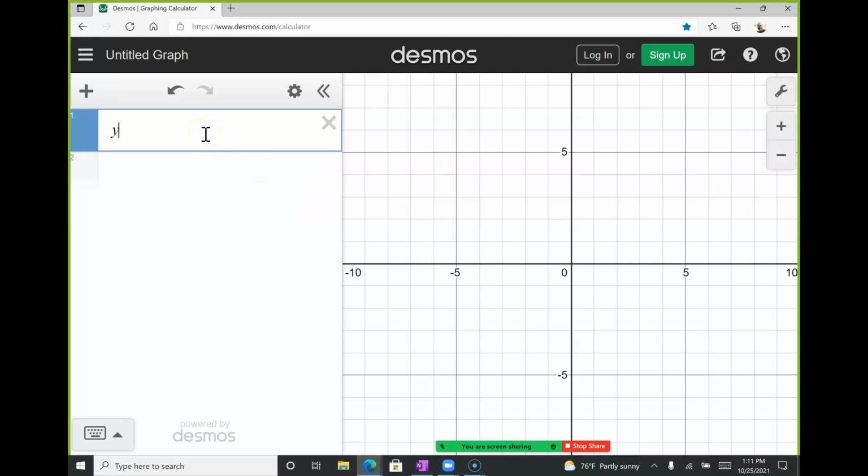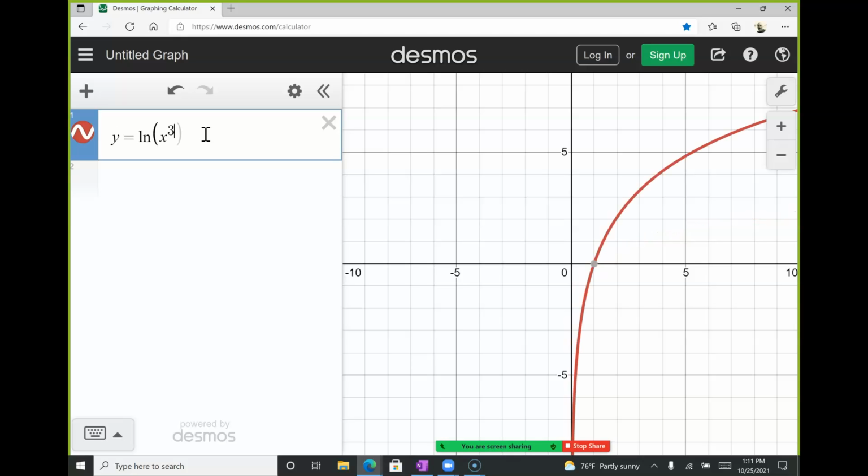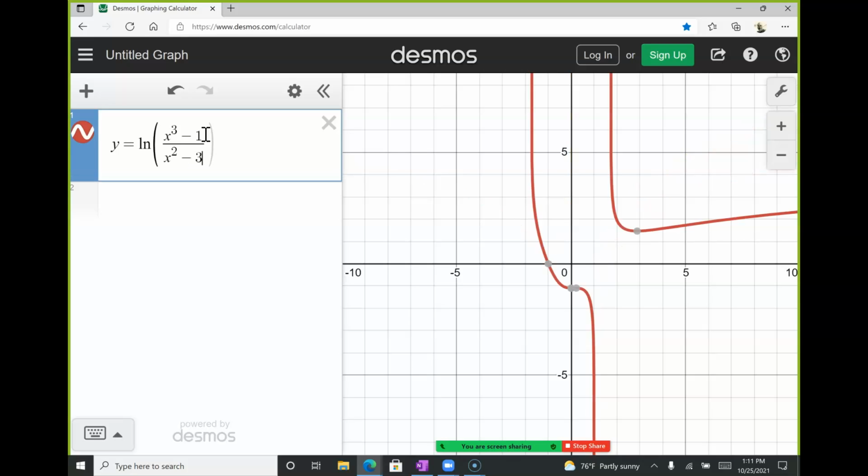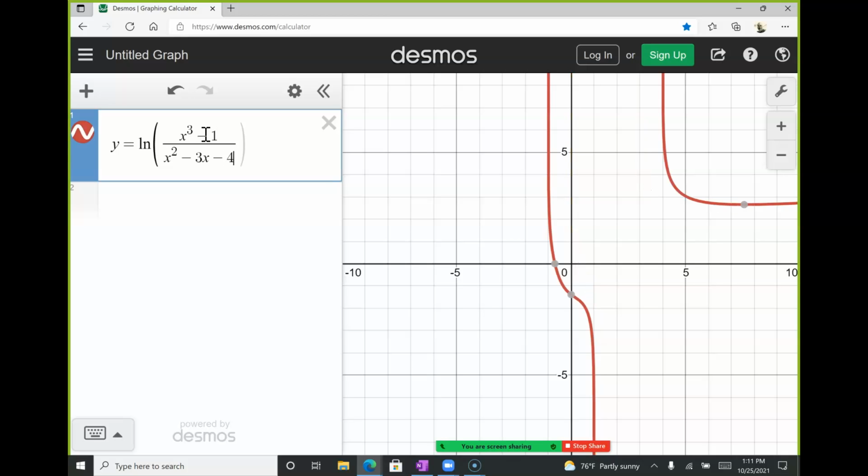So I've got y equals the ln of x cubed minus 1 all divided by x squared minus 3x minus 4.